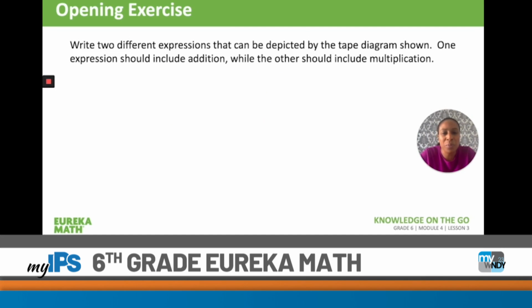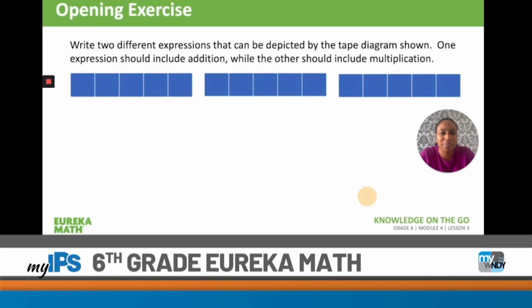Let's try one more. In this diagram, how many units are in each tape? 5. How can I write that as an addition expression? Five plus 5 plus 5.